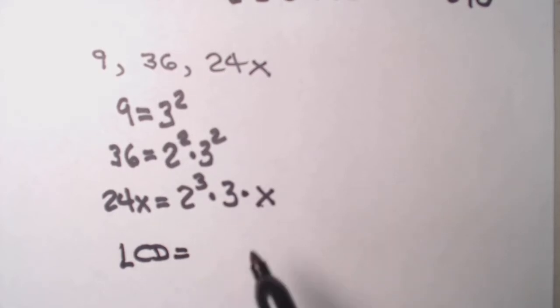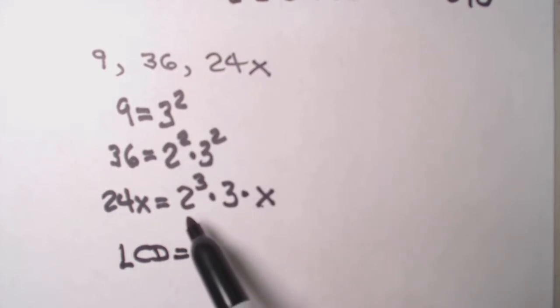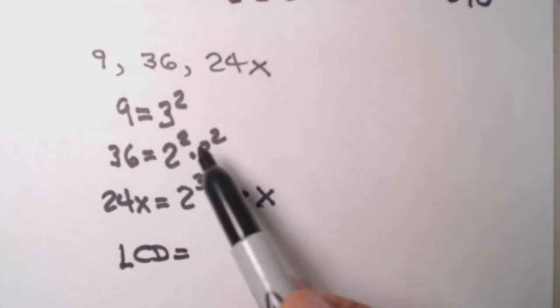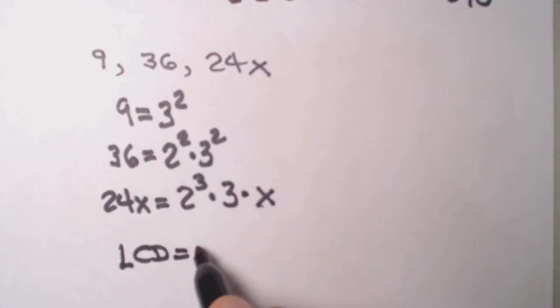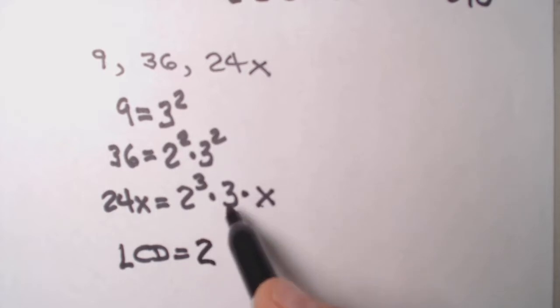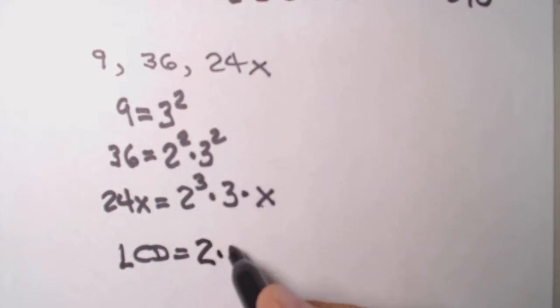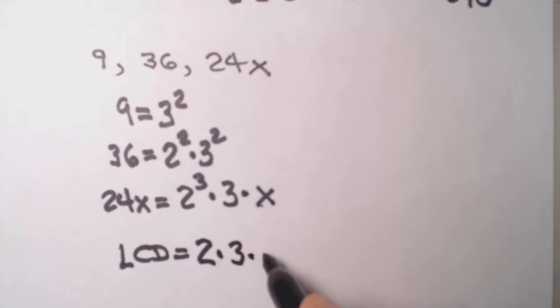Well, again, take all the different bases. Remember, you only list them once, even if they show up more than once. So we see 2's, so I've got 2's. I see 3's, so I list 3. And I see x, treat it just like a base, there it is.